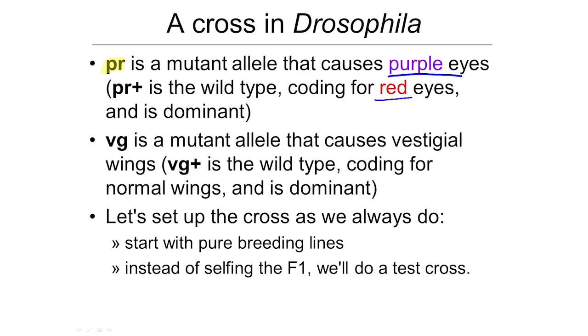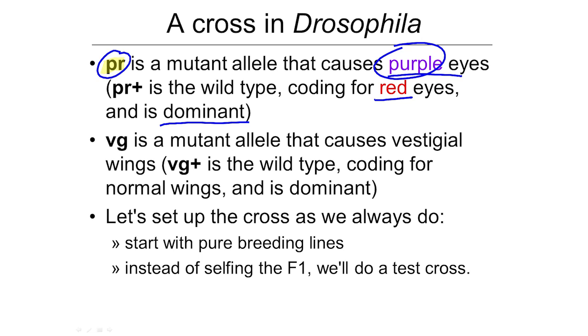And I'm sure you remember that the normal wild type color for eyes in the fruit fly is red. And as you would expect, you can't always assume it, but it's pretty much always true in these cases, the wild type plus allele is dominant to this purple PR mutation.